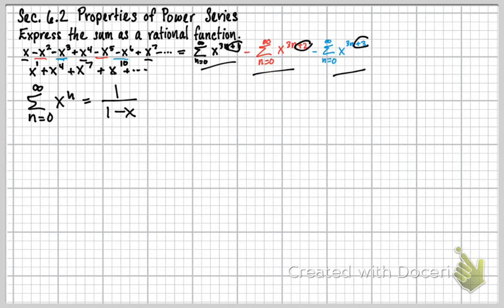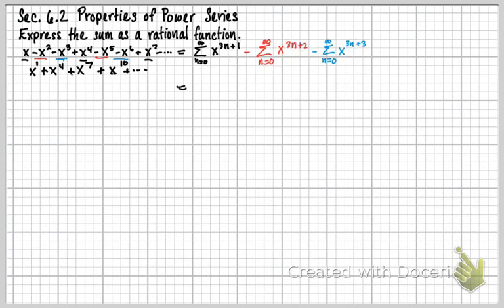In order to do that, notice what we end up with here. Now notice this series here, n equals 0 to infinity. I can call this x to the 3n times x. I can call the second one the sum n equals 0 to infinity of x to the 3n times x squared.